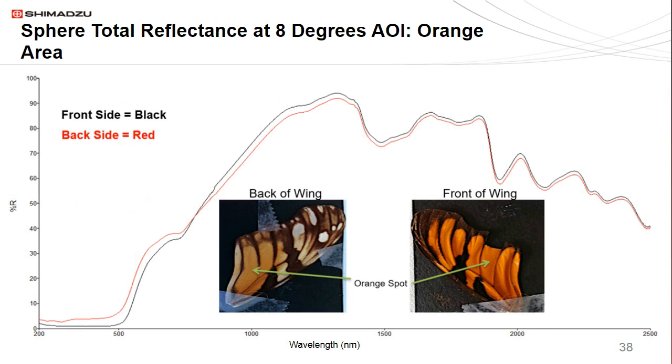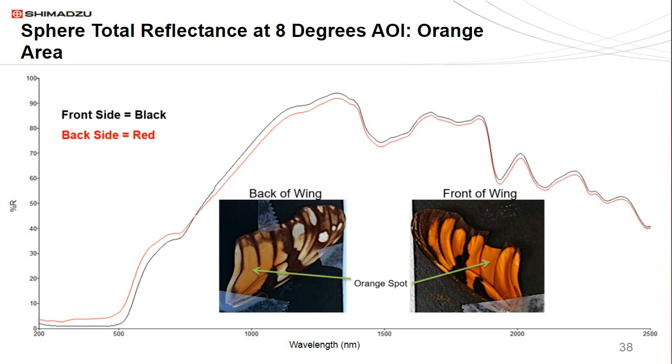So now let's move on to the orange spots, and you can see from the pictures here that the coloration appears different between the front of the wing and the back of the wing. The back of the wing is what has the black and white spots. The front of the wing doesn't have any white areas, only black areas. But the orange areas are shared in common between the front and the back, yet they look very different in terms of intensity.